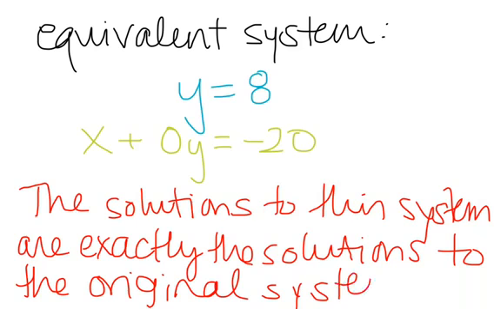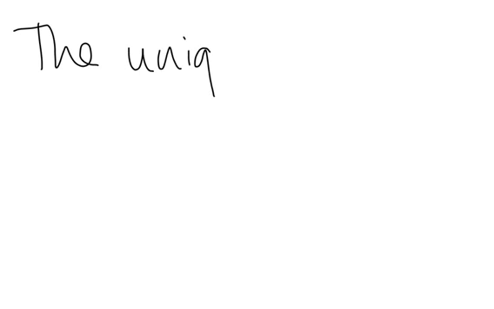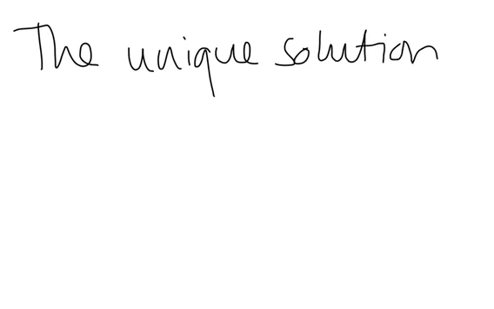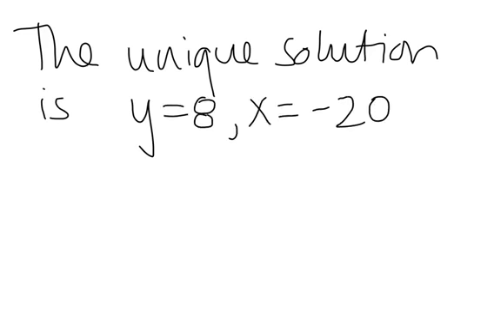We see that this only has one solution. The unique solution is y equals 8, x equals negative 20. So we found this solution using Gaussian elimination, or just the elimination method.